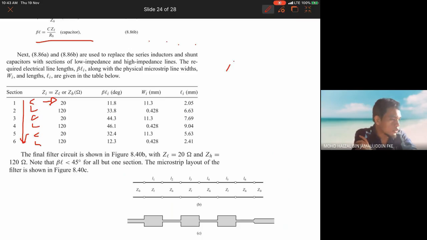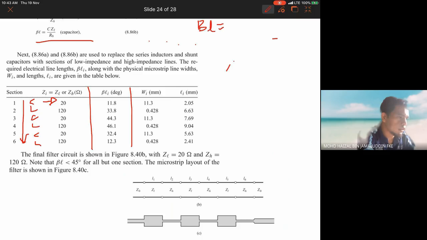Next, you put the table for beta L. Beta L here, you can calculate using the formula above. Let's say for the capacitor, beta L is equivalent to C Z_L over R0.